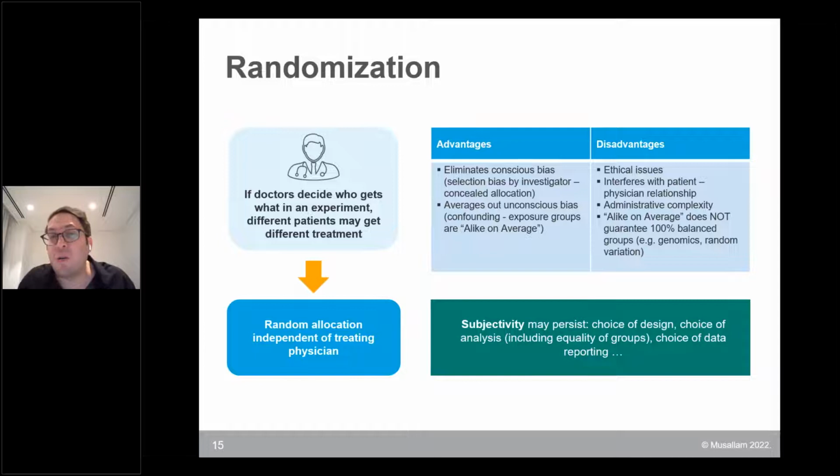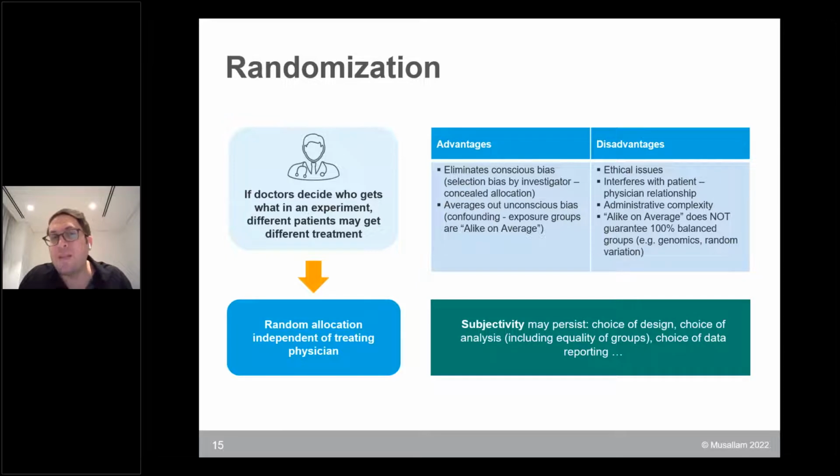It also averages out unconscious bias, which is what we call confounding, that I will speak about in the third session. Because usually when we randomize, we expect that since I gave the different drugs, drug A, drug B, or drug A and placebo, to the two groups at random, if there are any differences in those groups, they're very minimal.